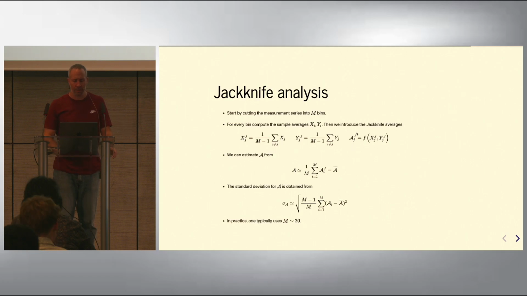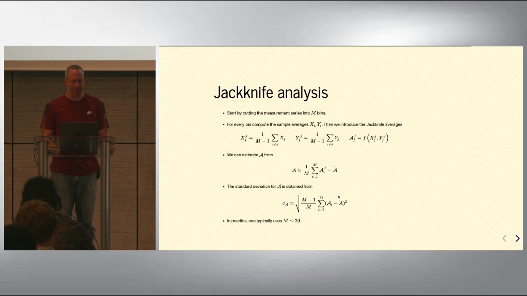Okay? Clearly, if I take the average of these, I get my average value. This is what I'm looking for. That's very easy. It's just the average of the averages. No problem. This is the average value I'm looking for. But I can, from that, compute the error bar by taking this formula here. Okay?